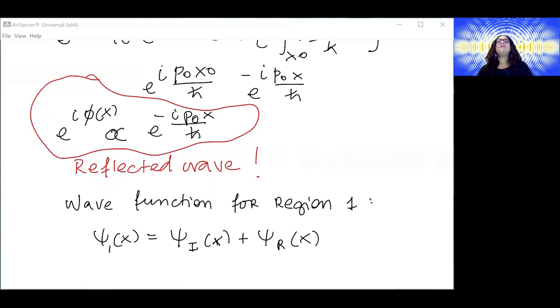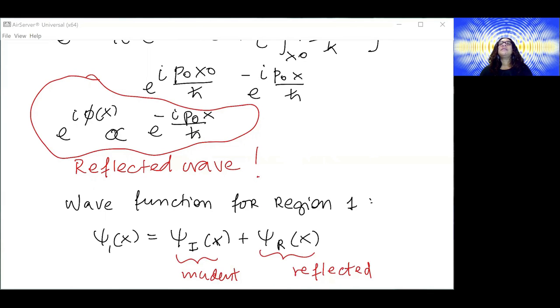And we know which one is reflected. So this is incident, and this is reflected. We went through this trouble to identify which one is reflected, because we want the other one.